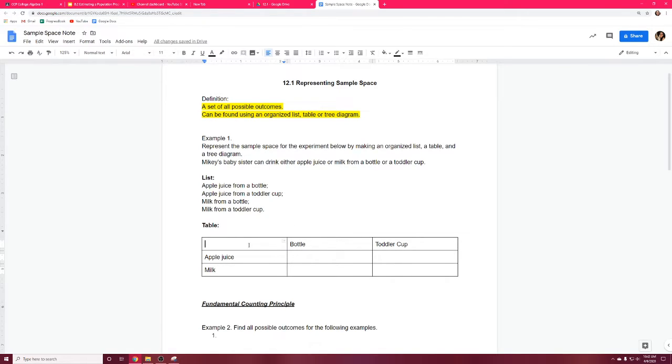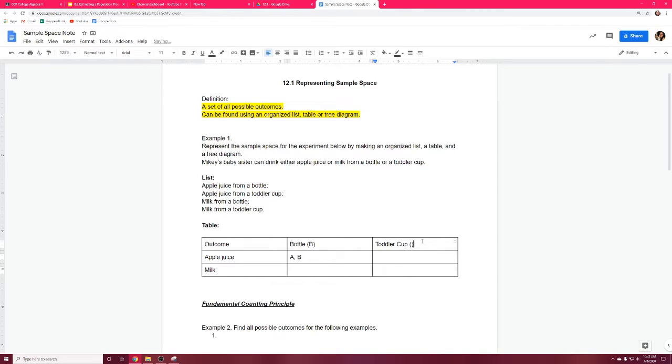Over here is an outcome. If we only use initials to represent the combinations, we can use A to represent apple juice and B to represent bottle. Let me be more clear.